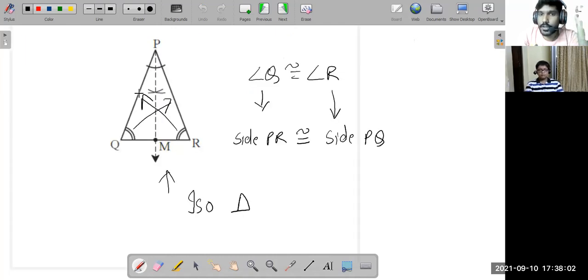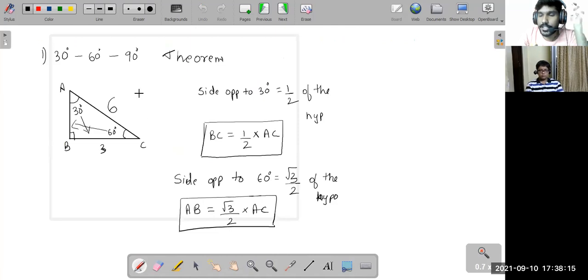Then we did the converse of the isosceles triangle theorem, which says if two angles of a triangle are equal, then the sides opposite to them are also equal or congruent. Then we did the 30, 60, 90 degree theorem, which says in a right angle triangle, if one angle is 90 and the other two are 30 degrees and 60 degrees, then the side opposite to 30 degrees is half of the hypotenuse, and the side opposite to 60 degrees is √3 upon 2 times the hypotenuse.